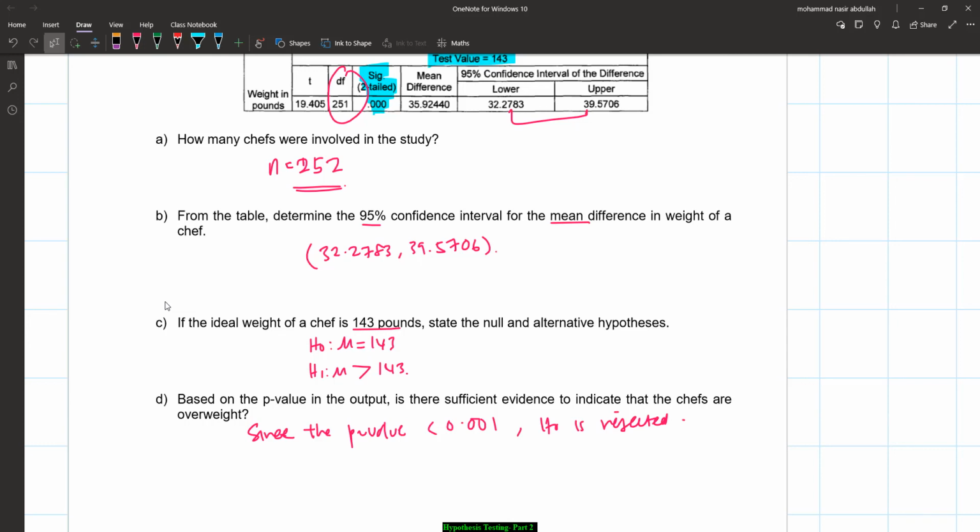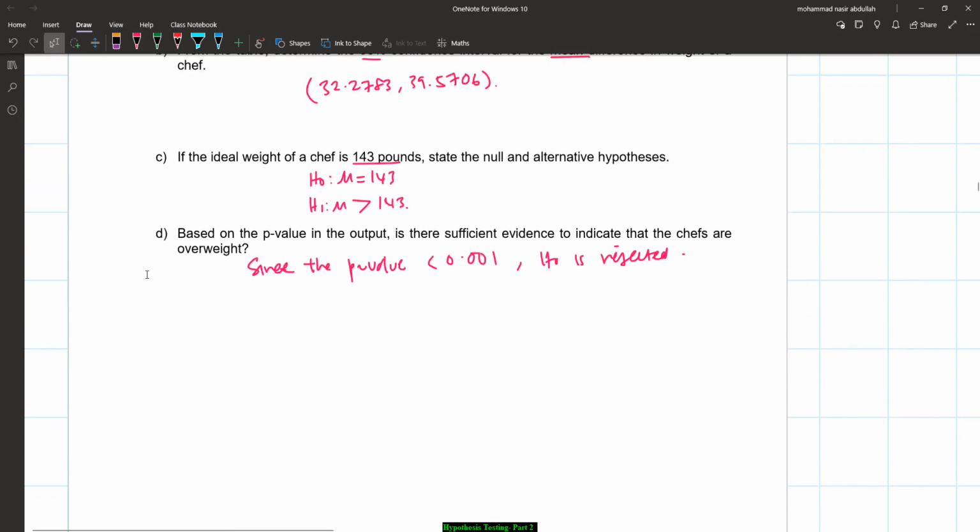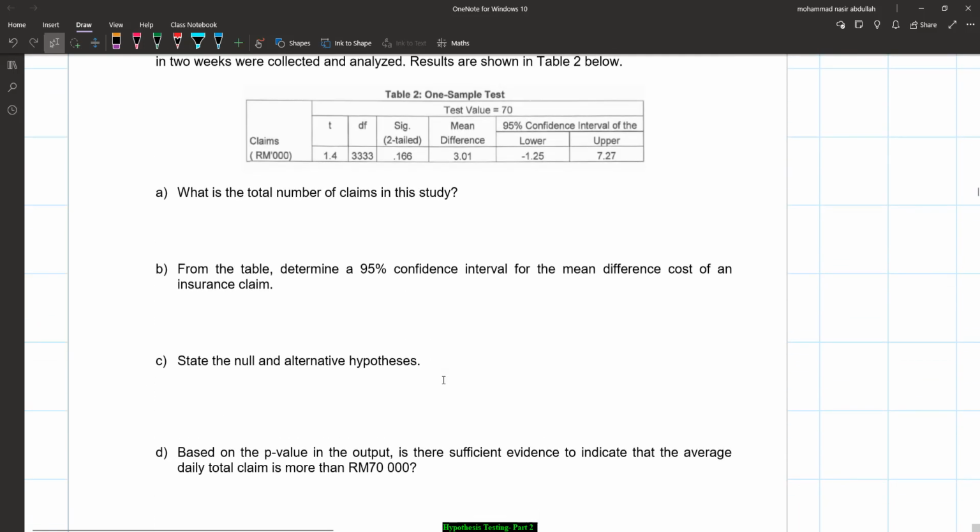So we are accepting the alternative hypothesis and conclude that most of the chefs are overweight. Right? So that's how we answer the question. Very simple.